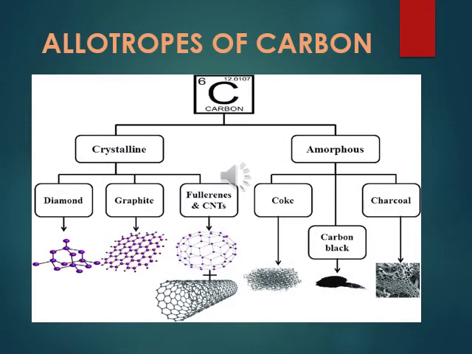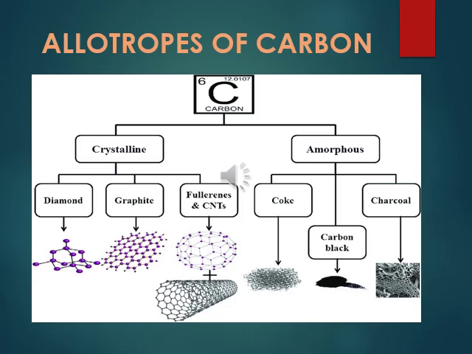In this slide, you can see I have divided the allotropes of carbon into two separate groups. The first one is crystalline and the second one is amorphous. In the crystalline forms we have diamond, graphite and fullerenes, and in the amorphous forms we have coke, carbon black and charcoal.